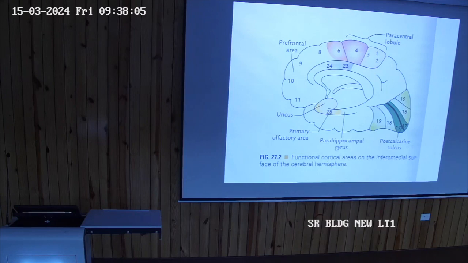Whenever there is injury of this area, the person becomes unconcerned with social behavior, becomes rude, and is not concerned, no tension, no anxiety. He is least bothered about social behavior and everything.